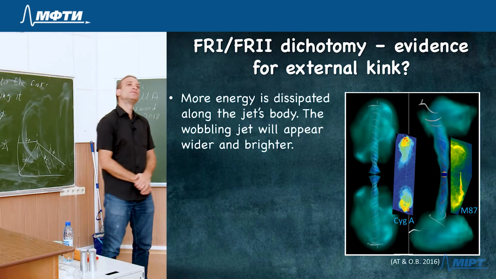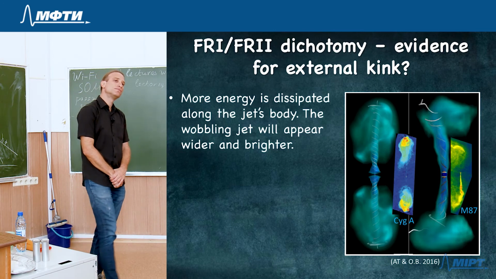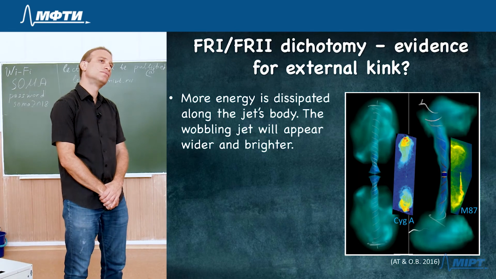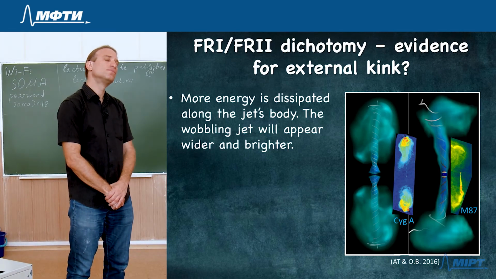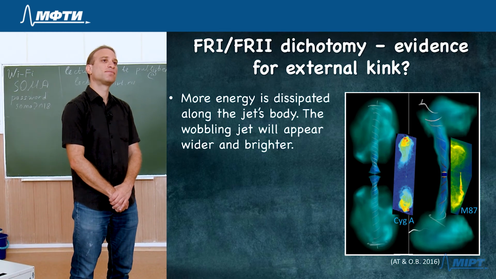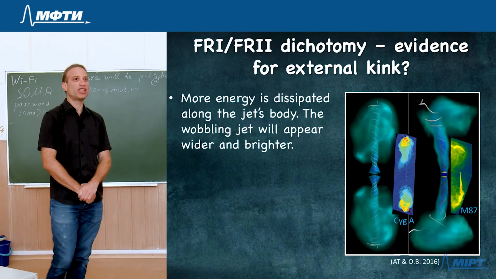Yes? I have two questions, but again, one is very short. The first one is, when you said that the dissipation transfers part of the energy into thermal energy, you can use this pressure to accelerate the jet afterwards.